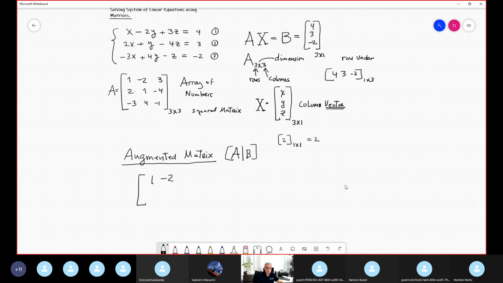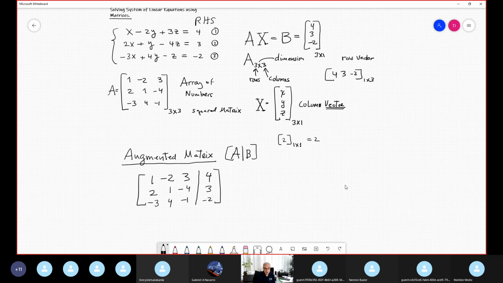It is 1, -2, 3, one line that discriminates left-hand side from right-hand side, 4, 2, 1, -4, 3, and -3, 4, -1, and -2. This is the augmented matrix, the combination of the original matrix, the A matrix, which is the coefficients, the matrix formed by the coefficients in front of the variables, and the right-hand side. So this is the right-hand side, B, a column vector, and that's it.